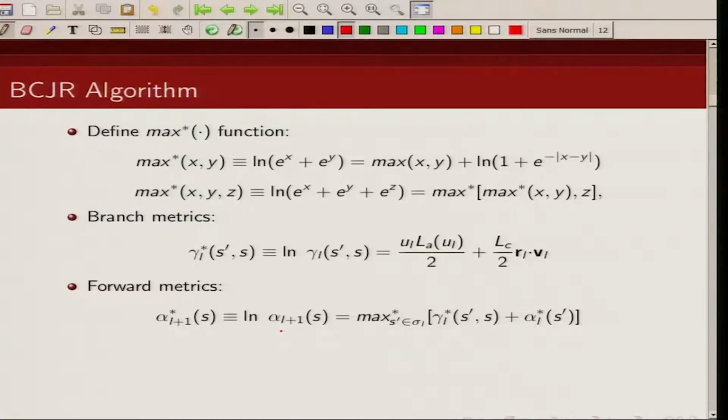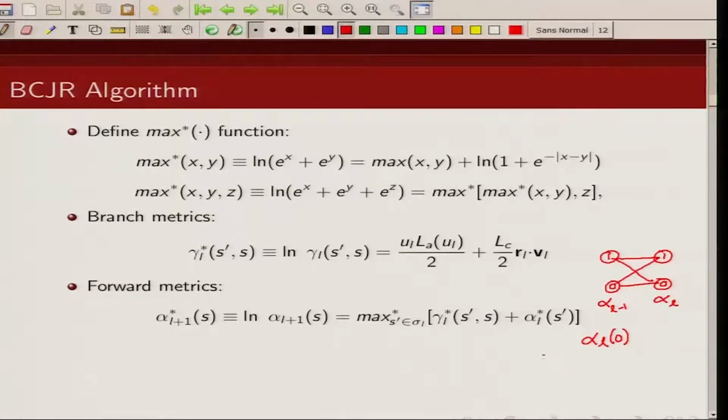Now, if you recall what alphas were, let's just draw a simple trellis diagram, a two-state trellis. This is alpha at time L minus 1, this is alpha at time L. Let's call this state 0, and this state 1. Let's say I want to compute alpha at time L for state 0.